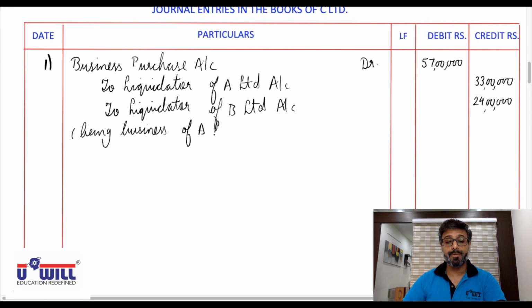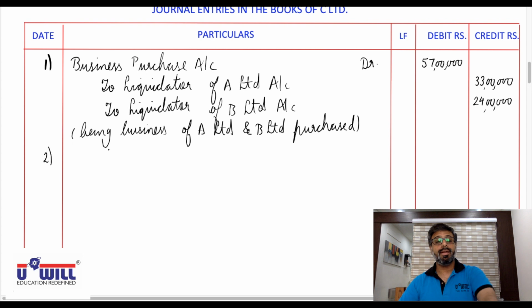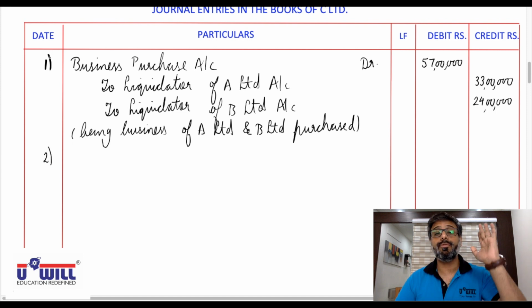All of you be careful that we are passing the entries by which method of accounting? Purchase method of accounting. So all of you can refer in the summary the purchase method of accounting's entries what I have made you write. Now second entry: assets account debit at agreed value, including fictitious, that is other non-current assets and current assets.